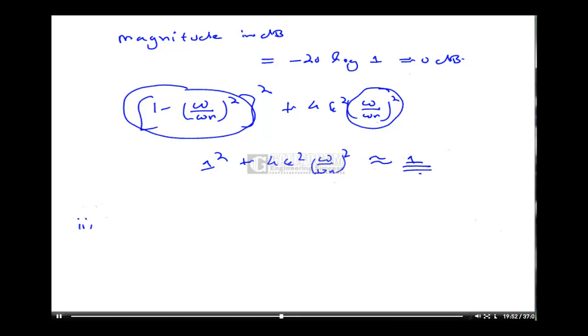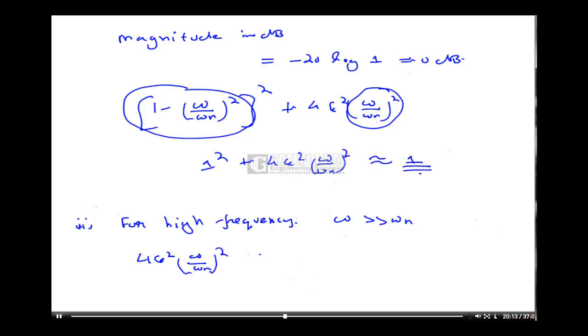Second one is for higher frequency. Omega greater than omega n. Now omega by omega n is much greater than 1. Okay, so 4 zeta square omega by omega n whole square is much lesser than omega by omega n to the power 4, because zeta is less than 1.